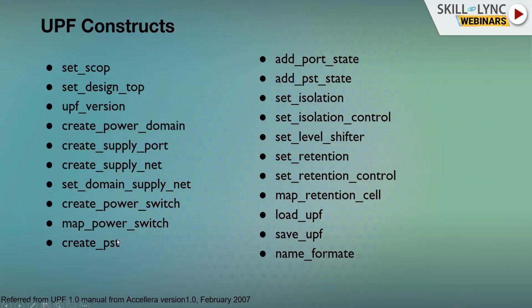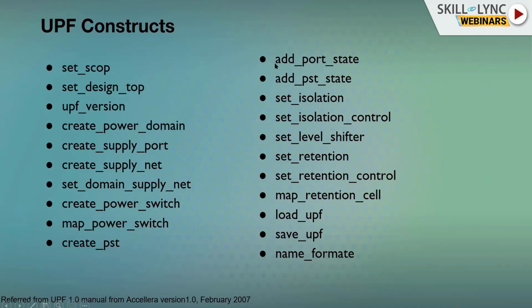Without this, your static tools will not validate anything, telling whether your scenario is met or not. To create a PST table, we need a port state, telling whatever port you have, what its state should be, whether it should be an on state or an off state. And in the on state, what should the value be, and in the off state, what should the value be.